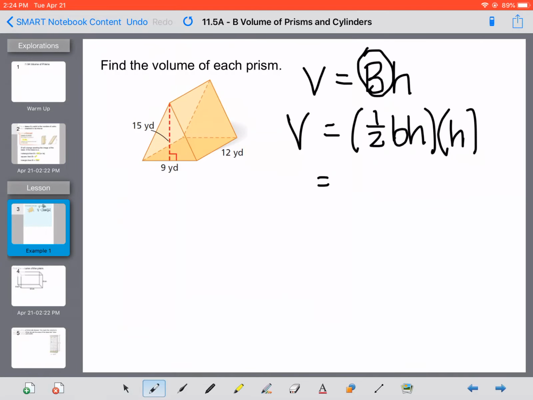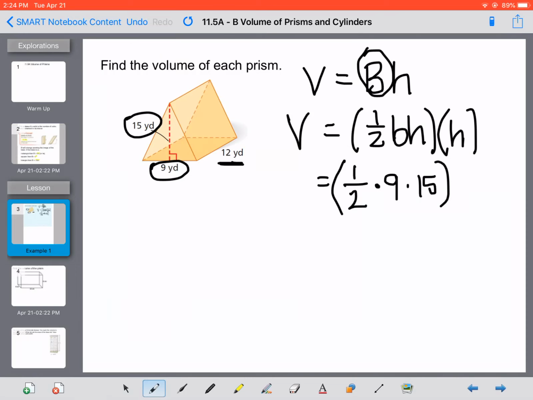Let's just plug in our values. We have 1/2 times our base of the triangle, which is 9. The height of the triangle is 15. So that takes care of the triangle, and then this 12 here is going to be the height of the image. Remember, if you flip that over and let it sit on the triangles, then you would notice it would be 12 yards high.